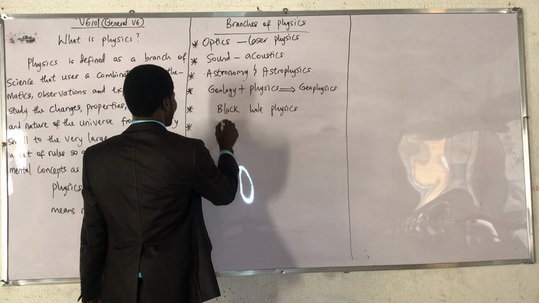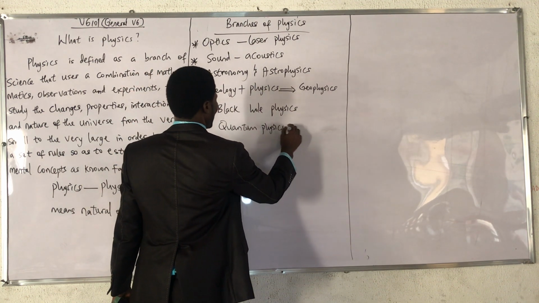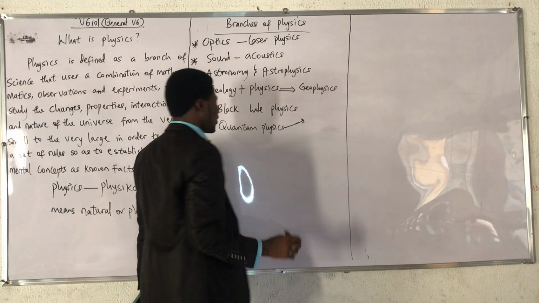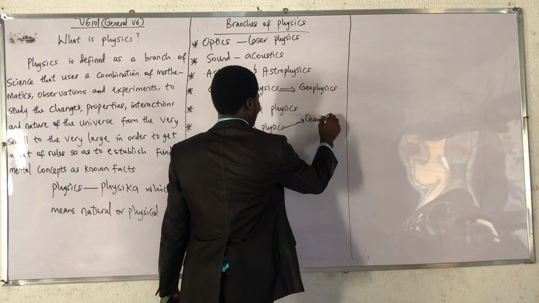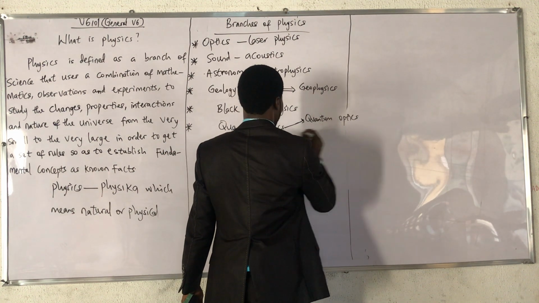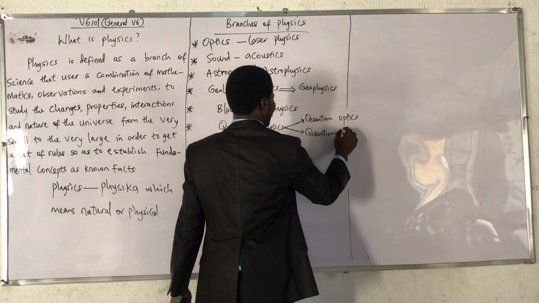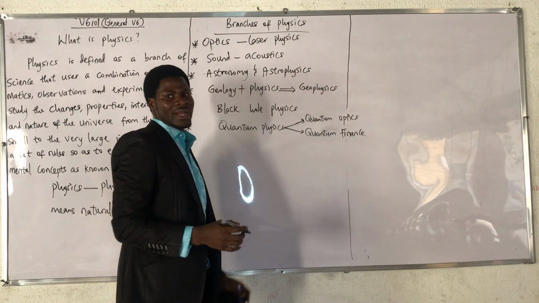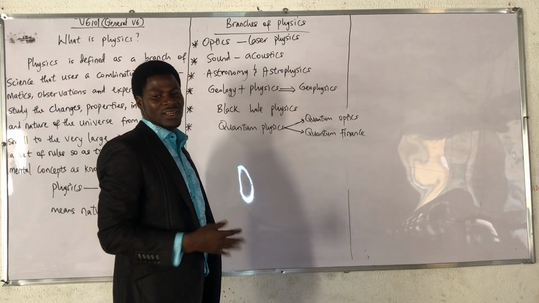We have even quantum physics. And quantum physics has a lot of diversification. Under quantum physics, you have quantum optics. We have quantum finance, where they use quantum mechanics to study finance and economics.